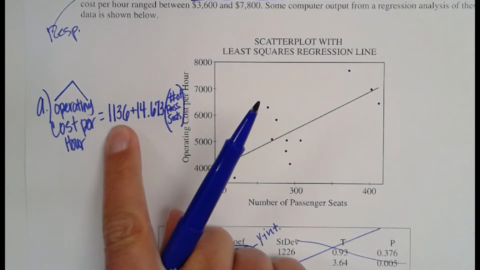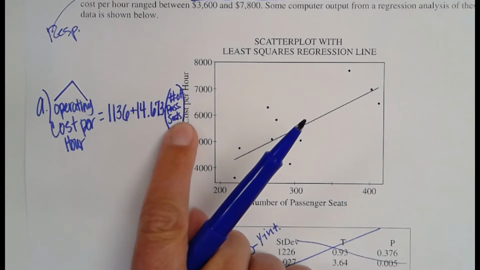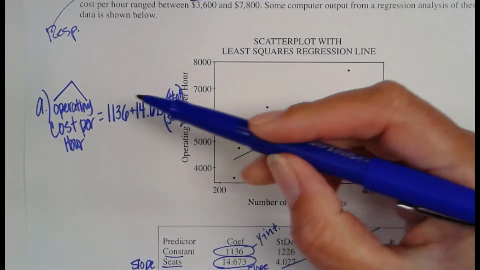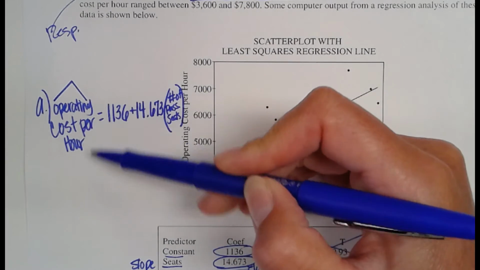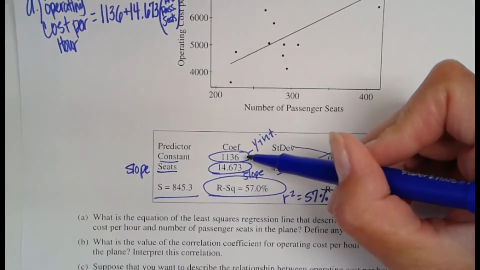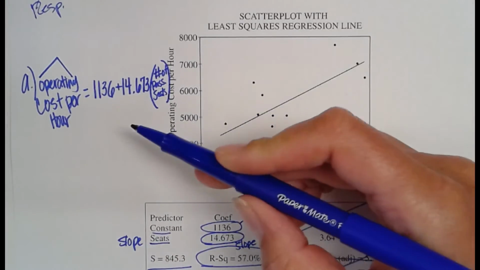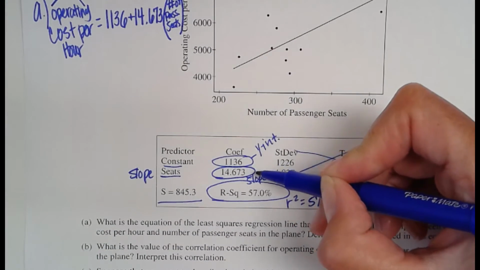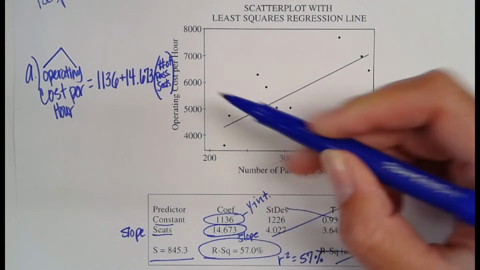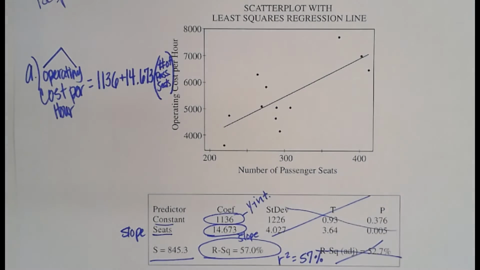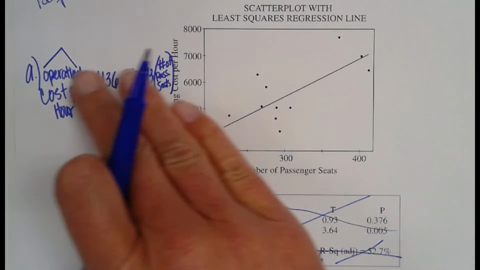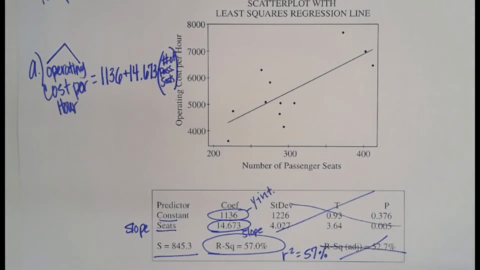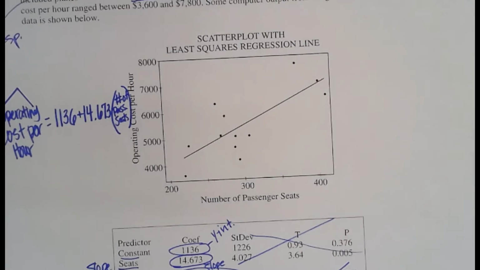The first number is your y-intercept, then the second is your slope times your x context. So predicted operating cost equals 1136, which is your y-intercept, plus 14.673, which is your slope, times the number of passenger seats. If you do that, you're going to get it every time.